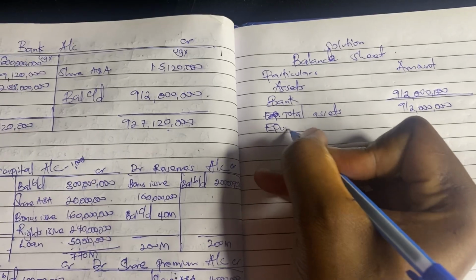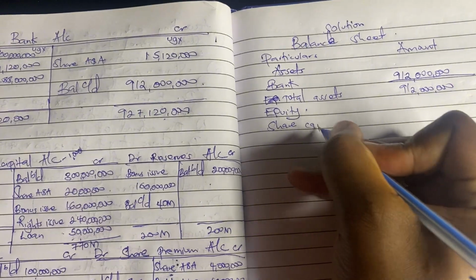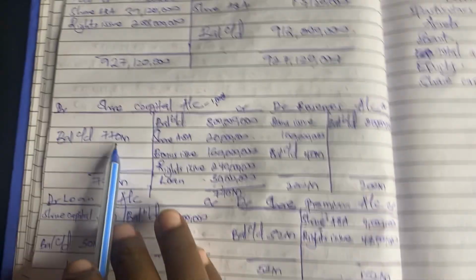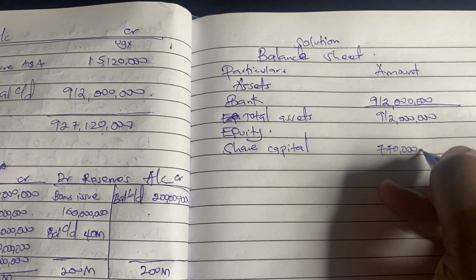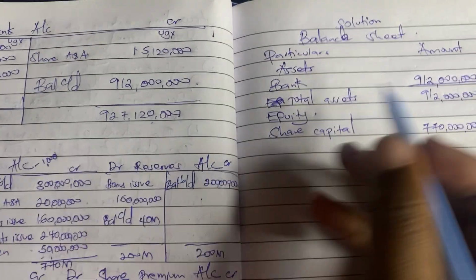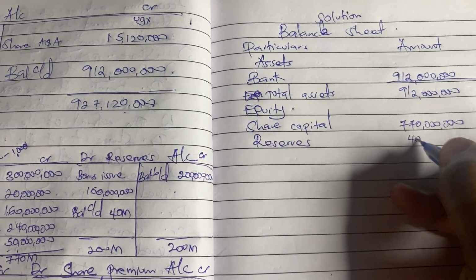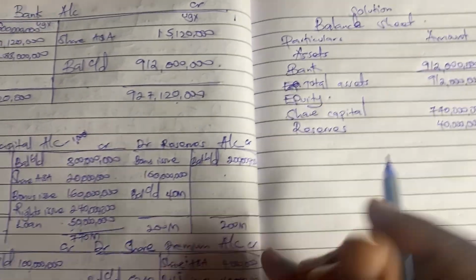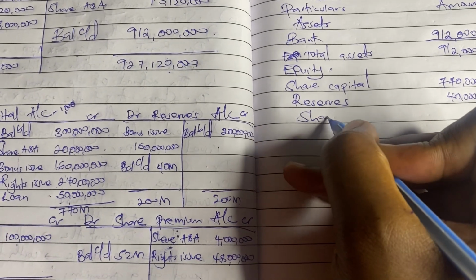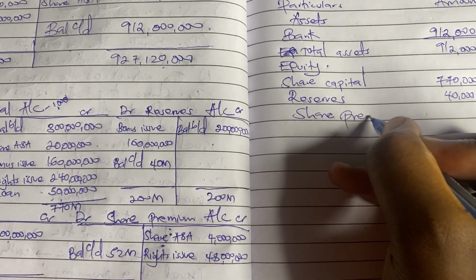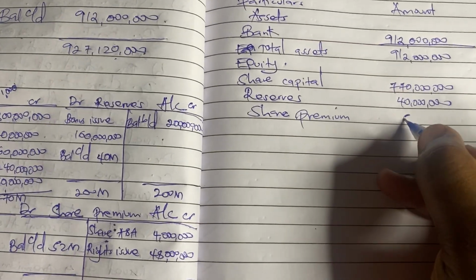Then we have equity. Equity, we have share capital. We only write the balance carried down, which is 770M. So 770 million. Then we have reserves of 40 million. Then we have share premium. Share premium of 52 million.